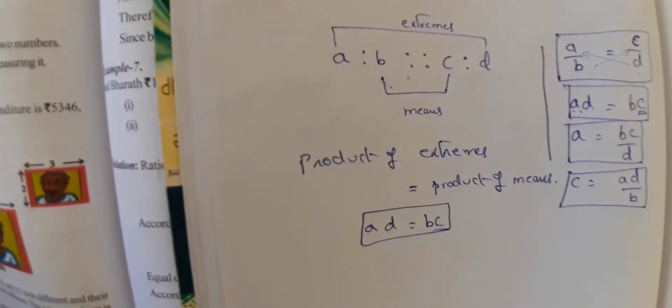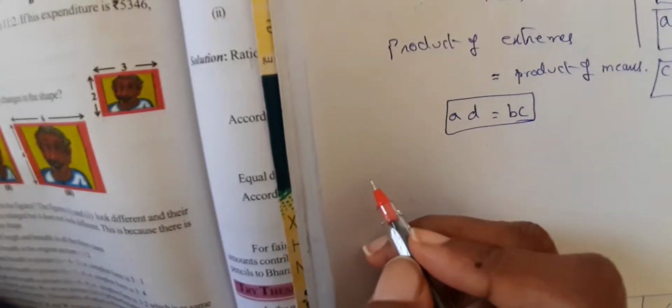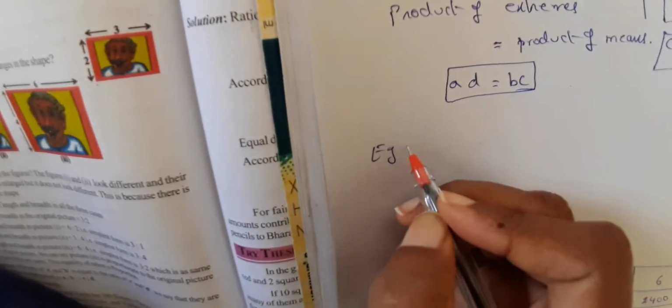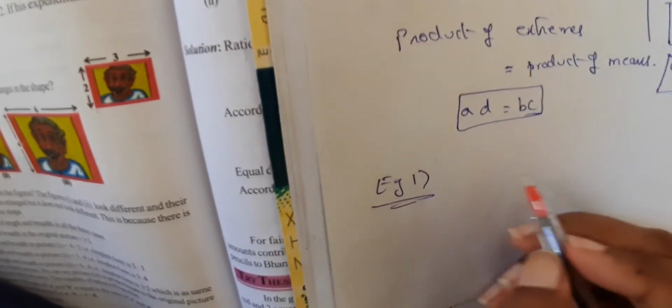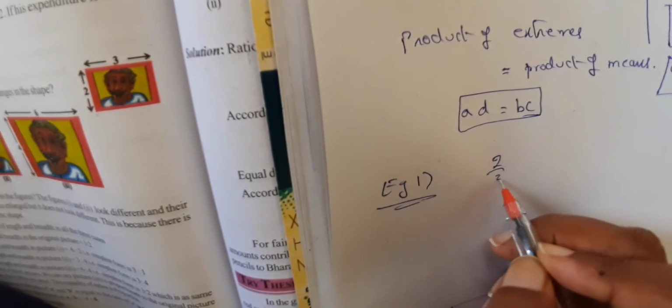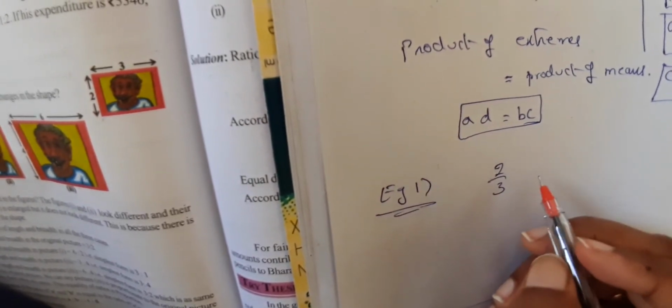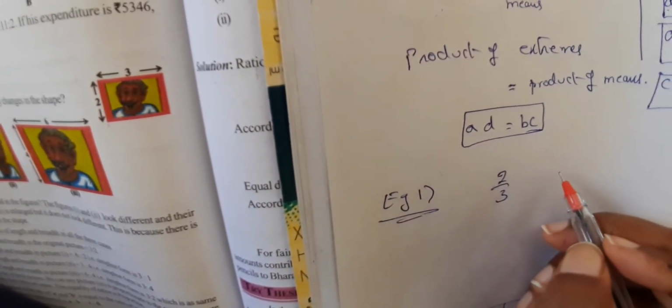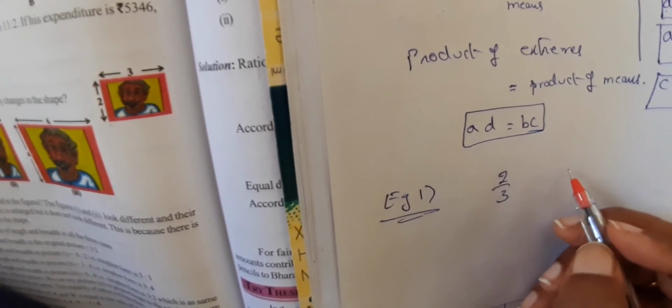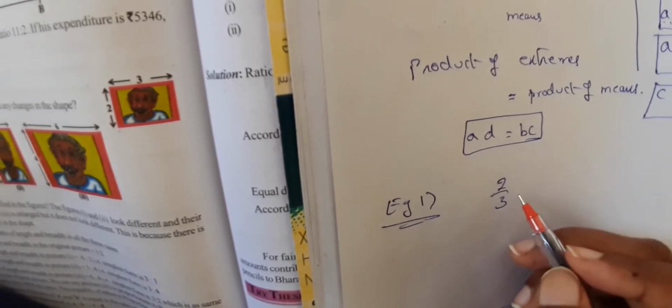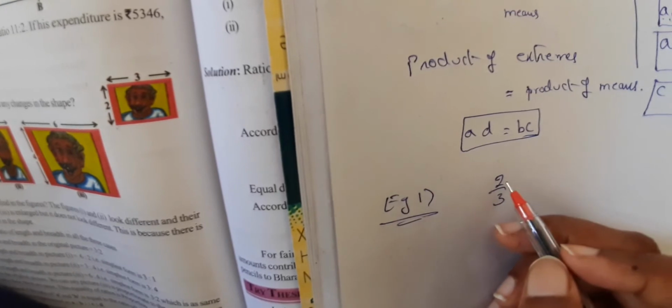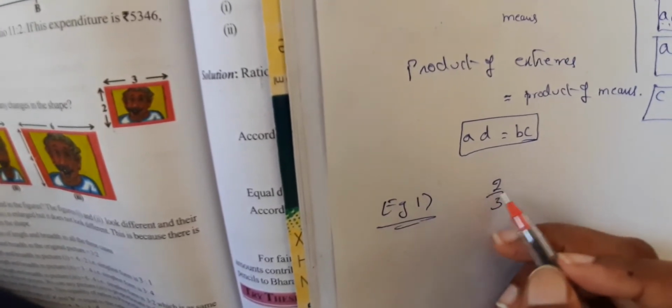So now let us see one or two examples, children, of how to use this. Example 1. Suppose I am given a ratio to be 2:3. Let me take 2 apples.